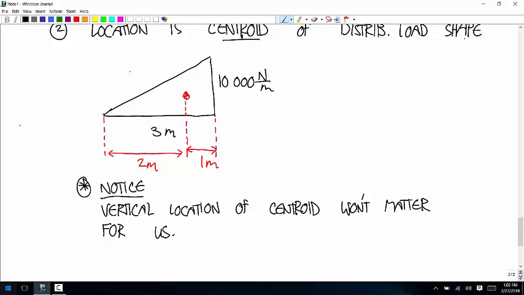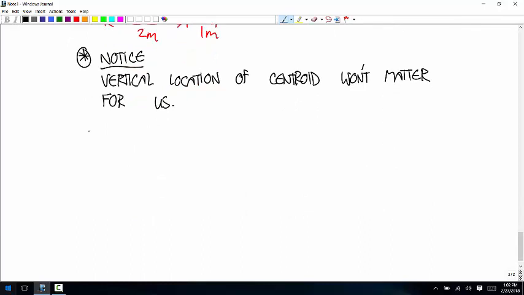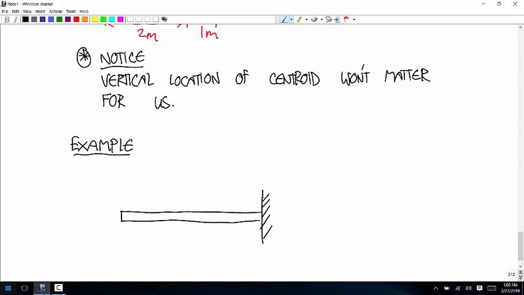Okay, so let me do an example problem. Let's say we have a beam that's a cantilever at the right. And let's say that it's subject to a distributed load with a triangular shape.